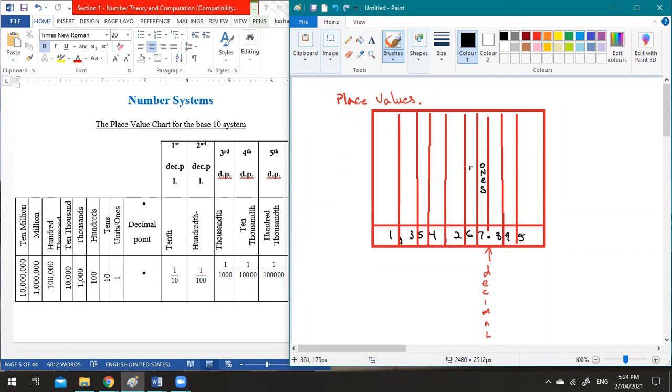Right. So this is ones, this is tens, hundreds.